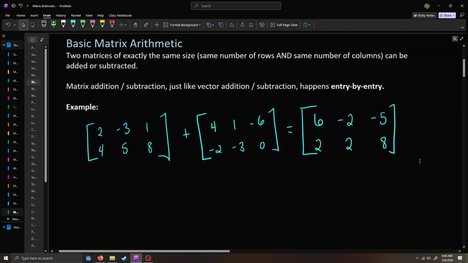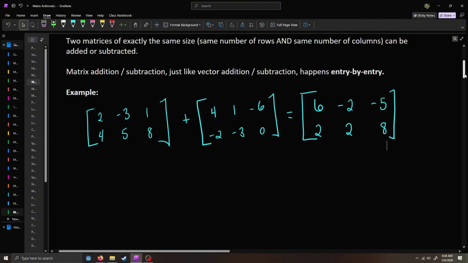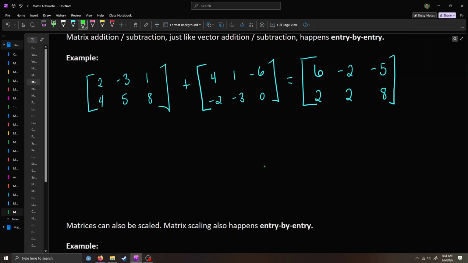So just like vector addition, matrix addition is component-wise, and that is also true of subtraction.